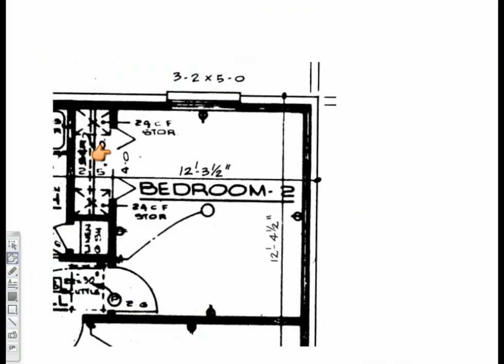The vertical wall in bedroom 2 that will be created is 12 feet 3.5 inches from the exterior material on the exterior wall to the right of the building to the center of the interior wall.